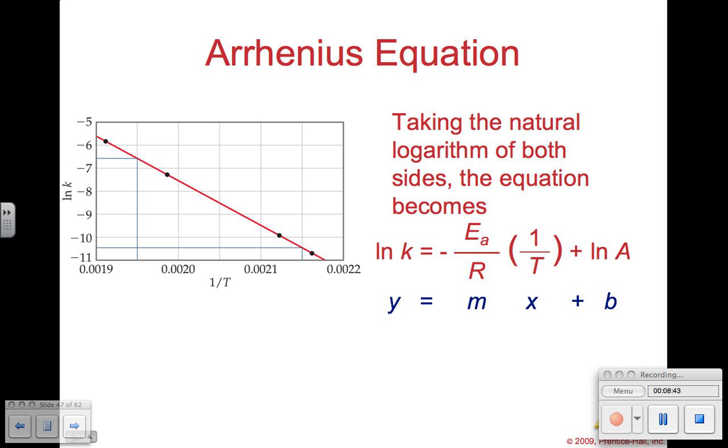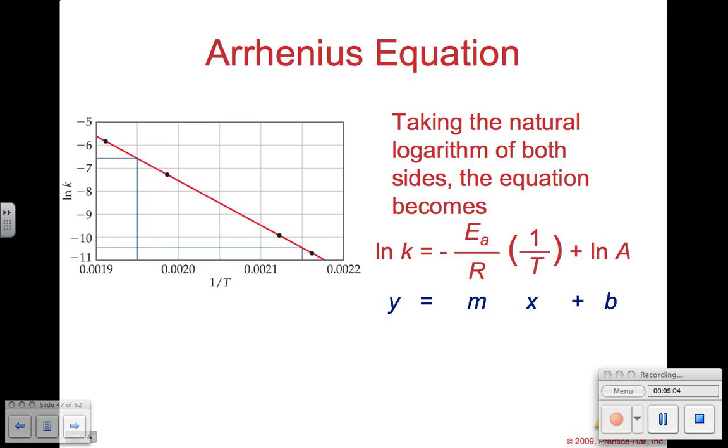So let's say we took the natural log of both sides of the equation. We end up getting this relationship where it's a line graph, right?